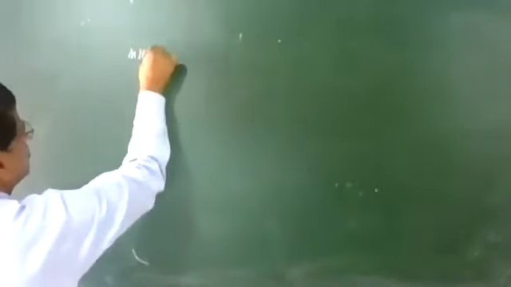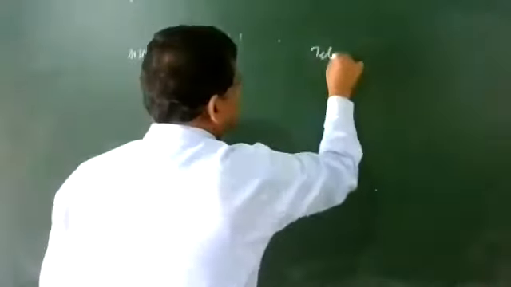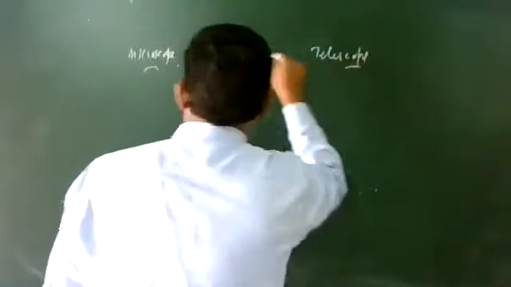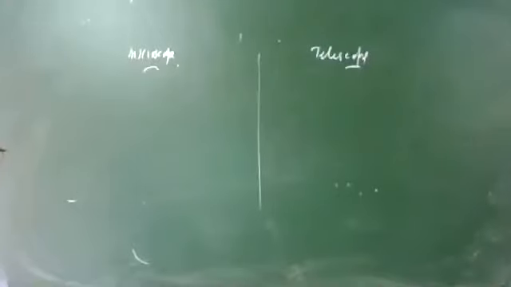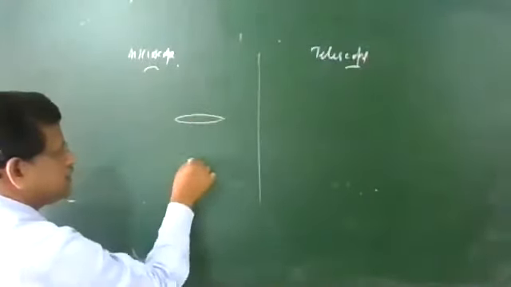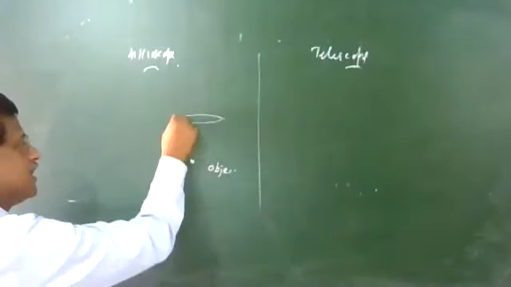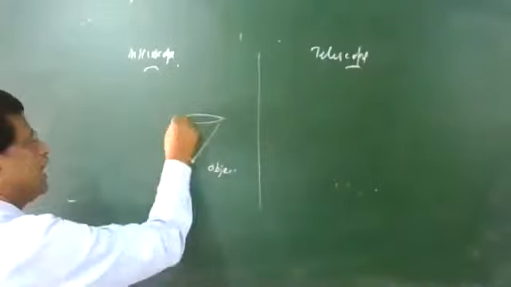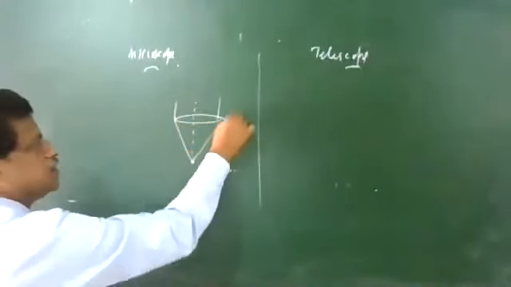For the microscope, the limit of resolution is as follows. I am showing here: this is your objective lens, and this is an object. From here, light rays will go, making a cone on the objective lens.